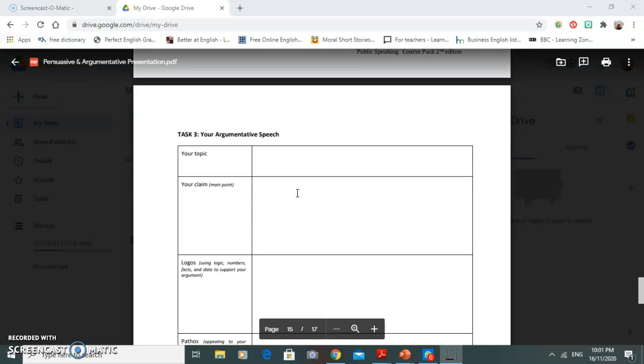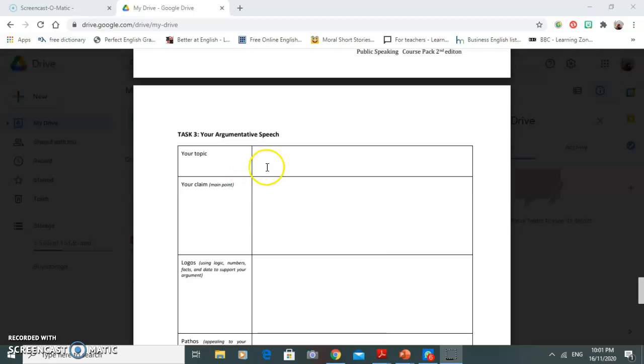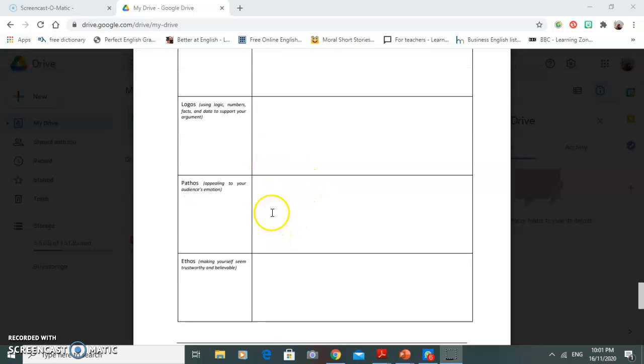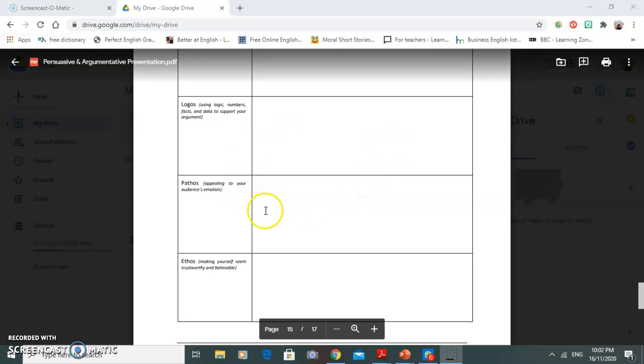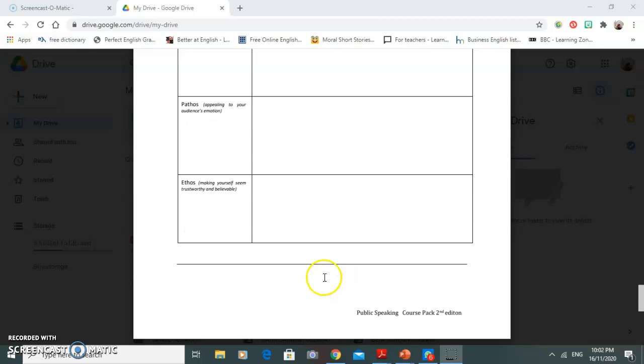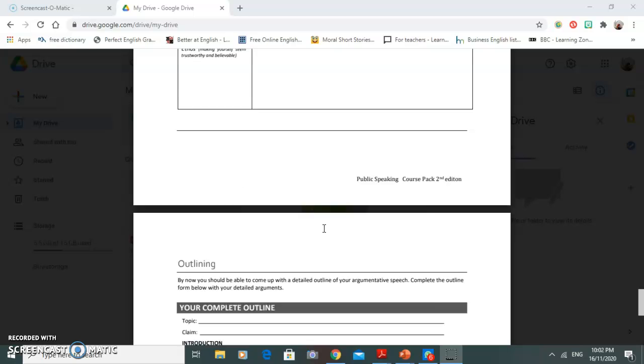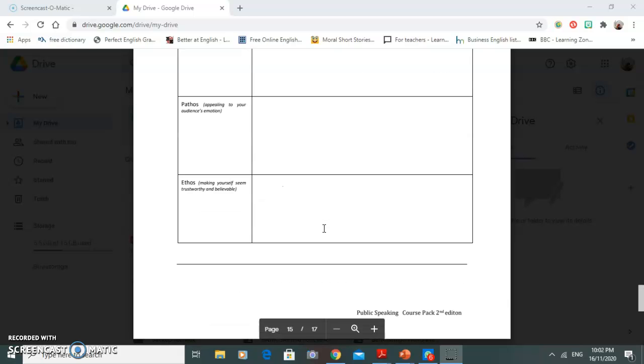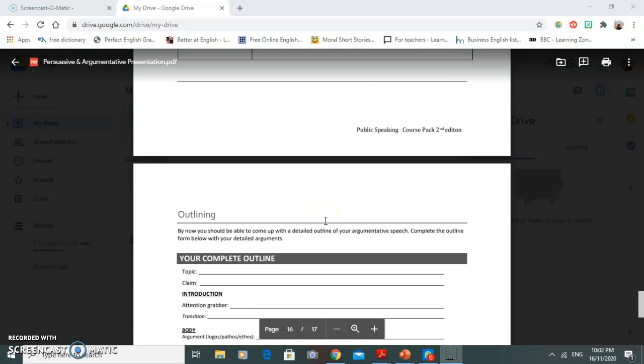Okay, so this is a template of the argumentative speech. What is your topic, your claim, and the data, how you should deal with your audience emotion, and also how you can make yourself seem trustworthy and believable. Sorry.